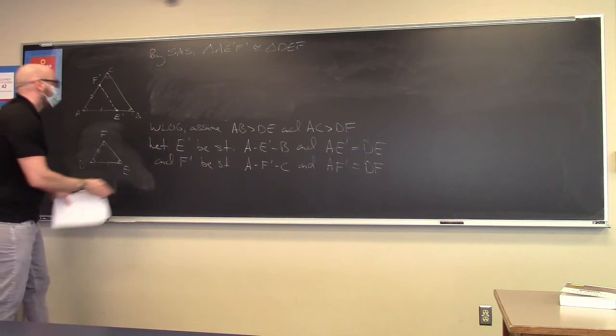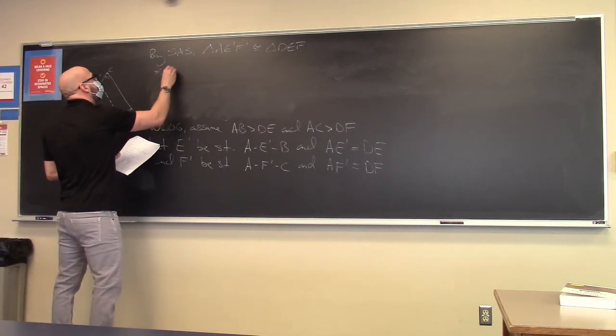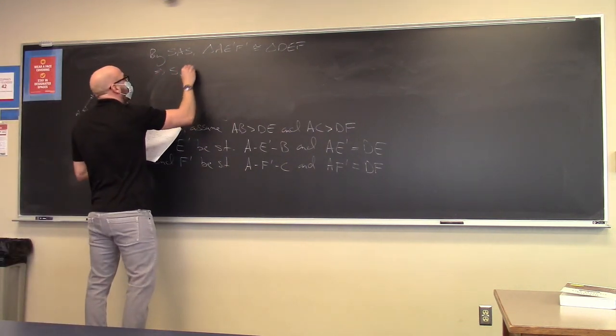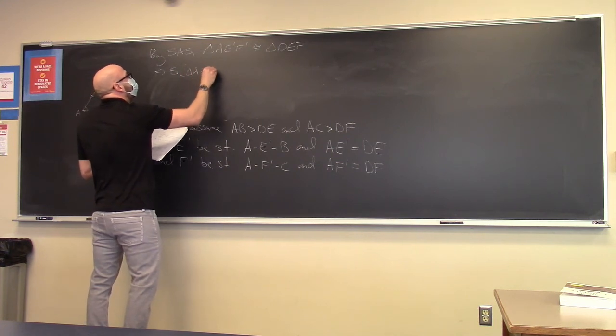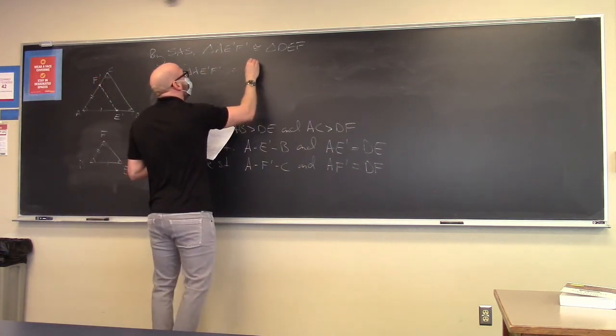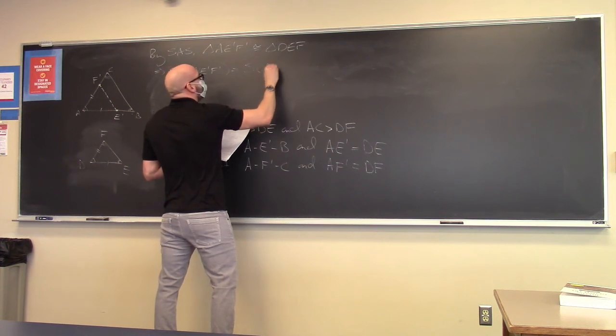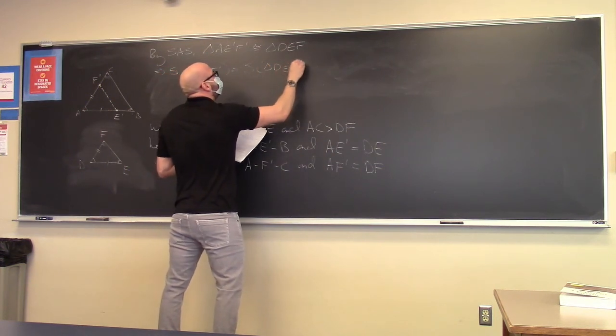That, of course, means they have the same angle sum. So the angle sum of triangle AE prime F prime is the same as the angle sum of triangle DEF.